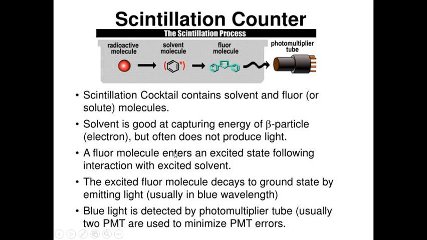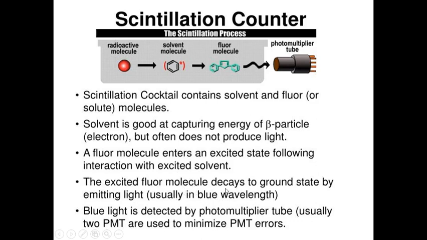But the fluor molecule enters an excited state following interaction with the excited solvent. So these fluor molecules get excited due to the ionizing radiations emitted by the radioactive molecule, and the excited fluor molecule decays to the ground state by emitting light, means it produces fluorescence.